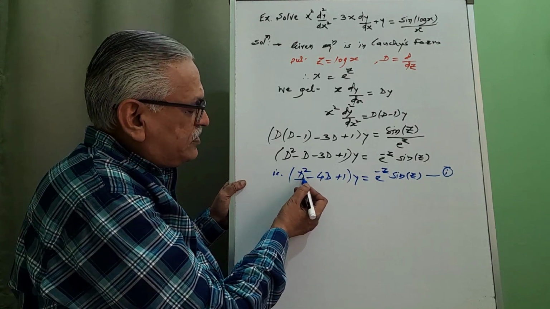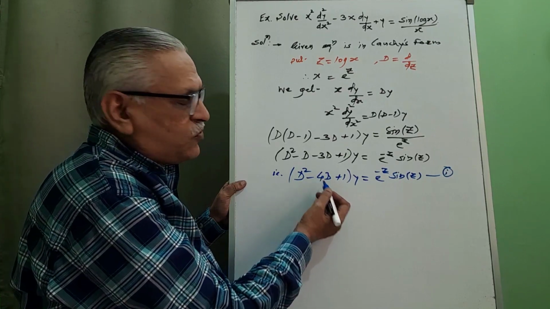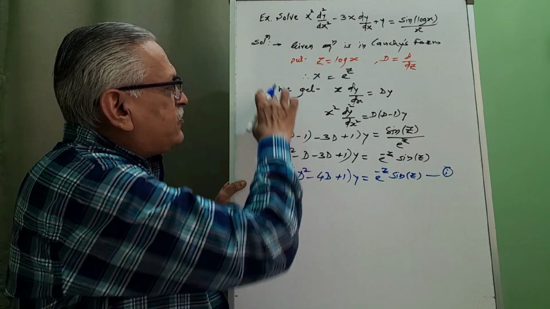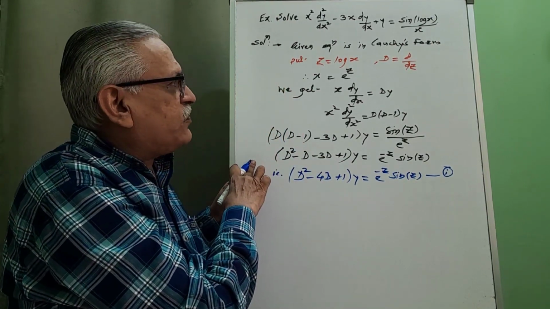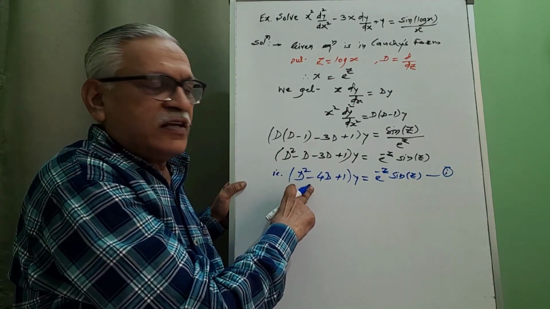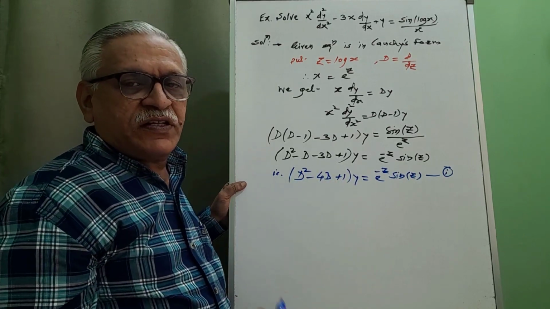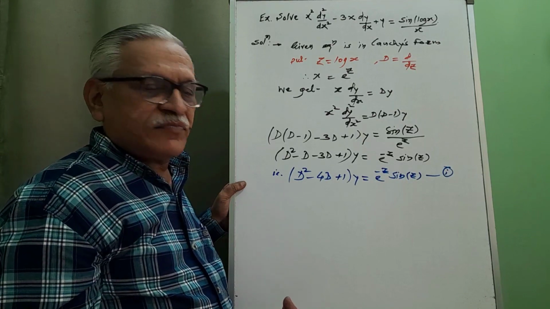Why constant coefficient? Because the coefficient of D square is 1, the coefficient of D is minus 4, and so on. Therefore, the first step is to convert the given differential equation with variable coefficient to this form, which we call linear differential equation with constant coefficient. After getting this form, apply the steps.